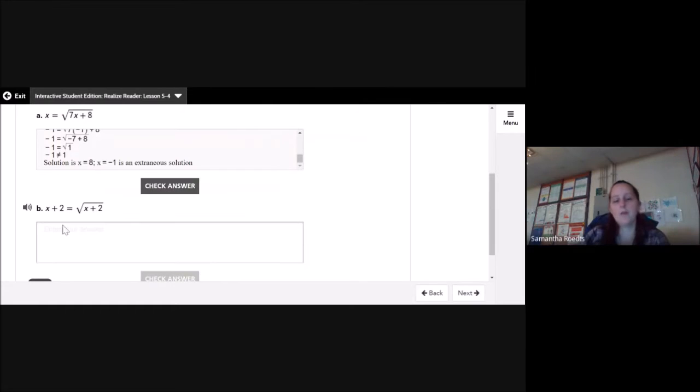For B, I have x plus 2 equals the square root of x plus 2, so I'm going to square both of these. That's x plus 2 times x plus 2 equals x plus 2. x plus 2 times x plus 2 is x squared plus 4x plus 4 equals x plus 2.